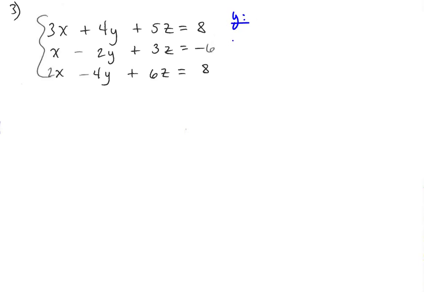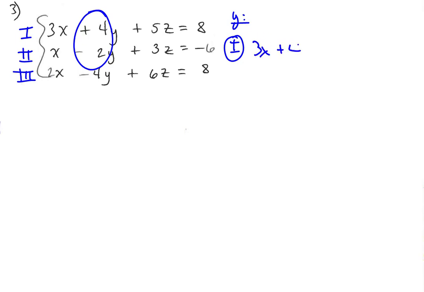And to do so, I'm going to take equation 1 and 2 to begin. Now you'll notice those coefficients are almost ready to go. I just need to double the equation 2. Oh yeah, hold on, label these originals 1, 2, and 3. And so I'm taking equation Roman numeral 1, and I'm going to copy it down. So I'll just have 3x plus 4y plus 5z equals 8, and then equation 2.